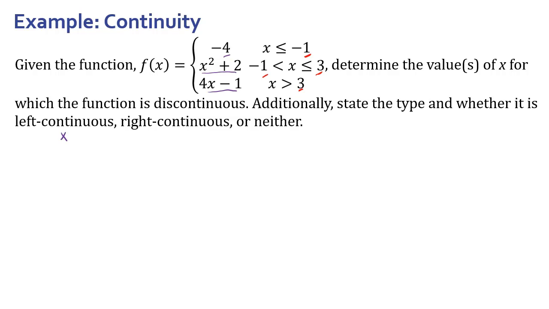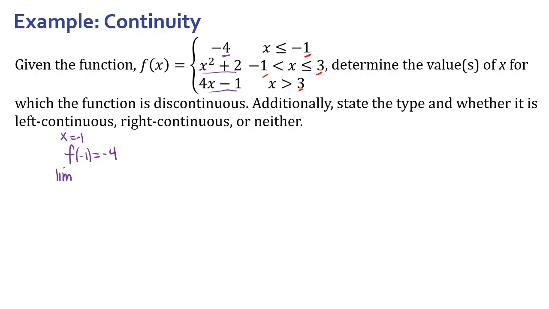So let's look at what happens when x equals -1. First let's figure out what is f of -1. When x is less than or equal to -1, the output is -4. So let's see what happens as I approach it from the left and from the right.